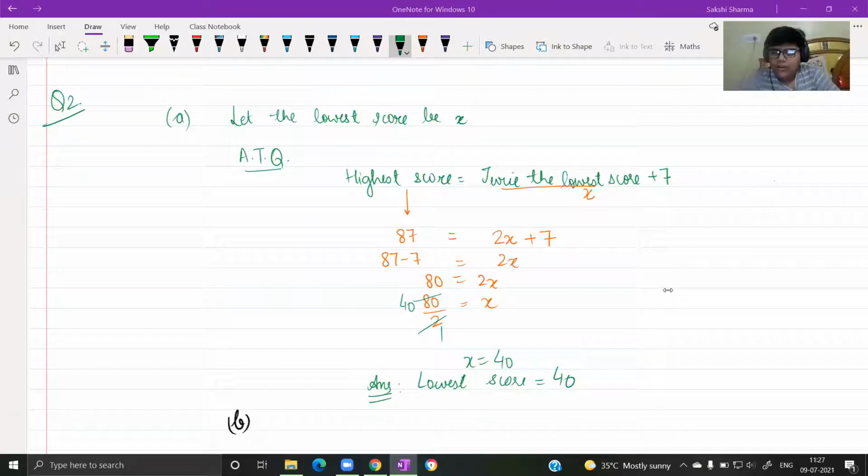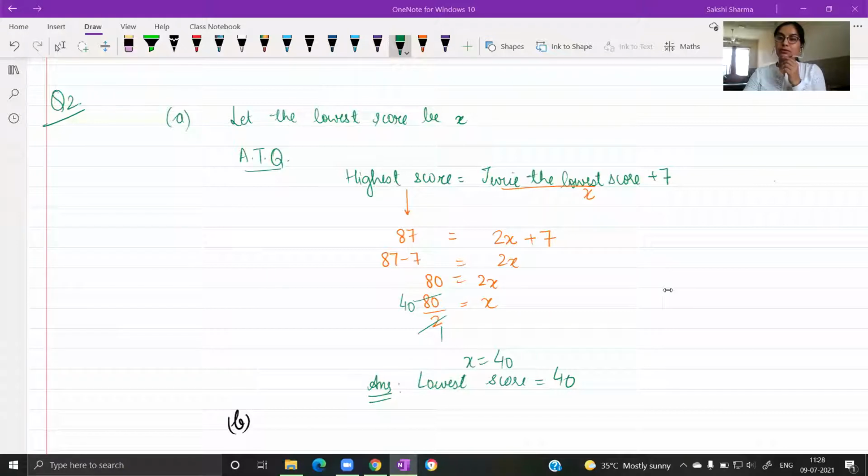Ma'am, can there be a question where 87 is not given? No, you would be given the answer. Otherwise, how will you make the equation? The final answer is 87. If we double the lowest score and add 7, we will get the highest score. So the highest score should be given to complete the other side. One side is formed with that expression and the second side is formed with the answer.